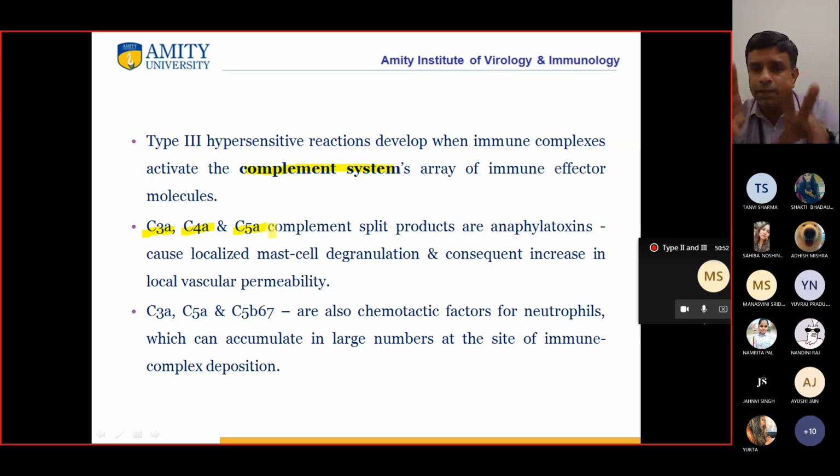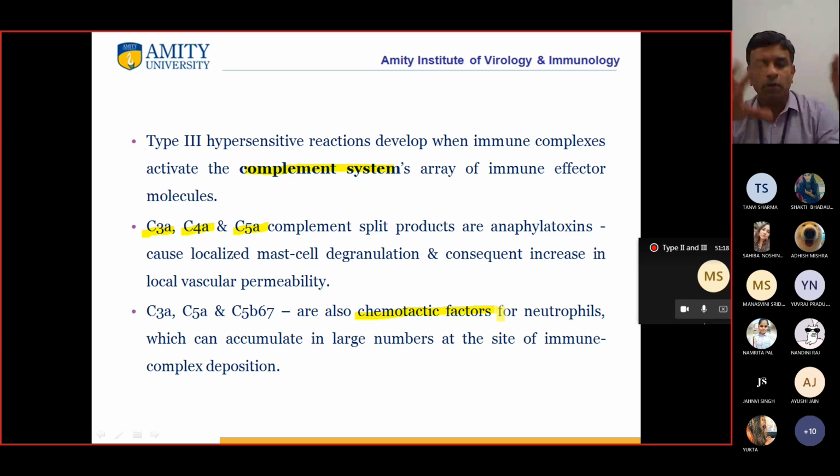तो जब ये कॉम्प्लीमेंट सिस्टम एक्टिवेट होता है और ये जो छोटे छोटे parts बनते हैं, they are also chemotactic factors. What do you mean by chemotactic factor? It means they are chemoattractants, right? तो न्यूट्रोफिल्स को जहां दिखता है कि ये C3a बन गए हैं या C4a, तो न्यूट्रोफिल्स उनकी तरफ जाने लगता है, right?